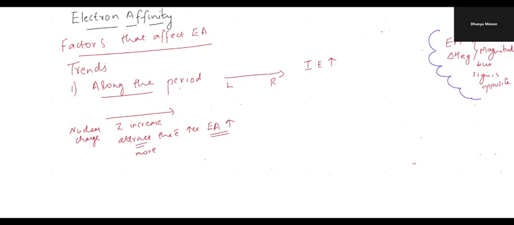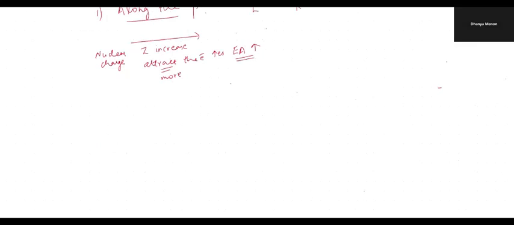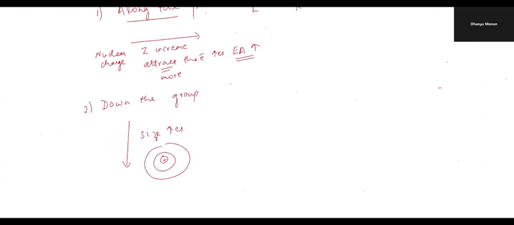Now, second trend is down the group. This also you will be able to say. Down the group, what is happening to the size? Size is increasing as the number of shells increases. So the nucleus is far away from the incoming electrons, right?